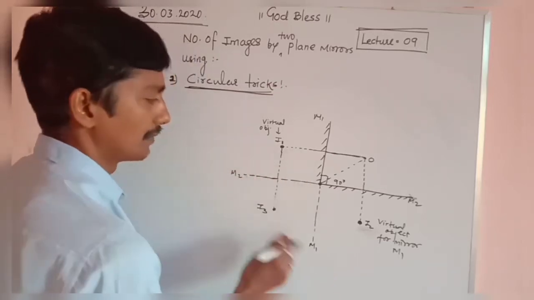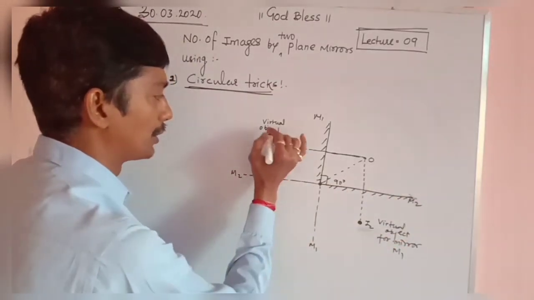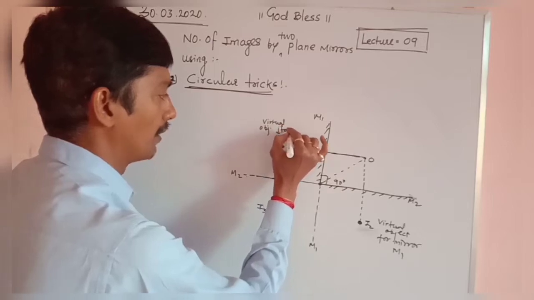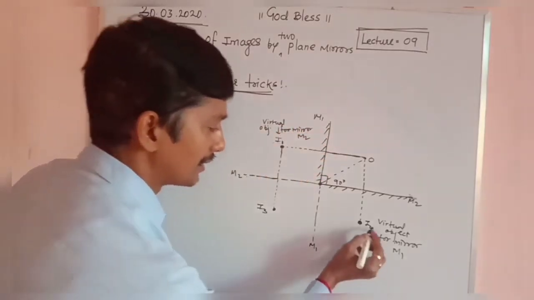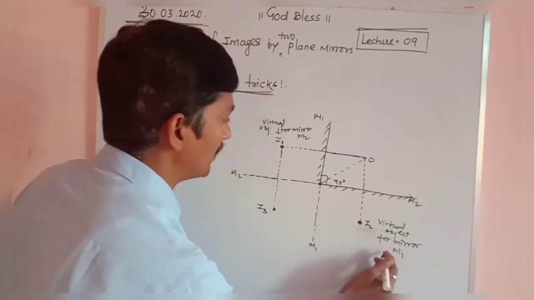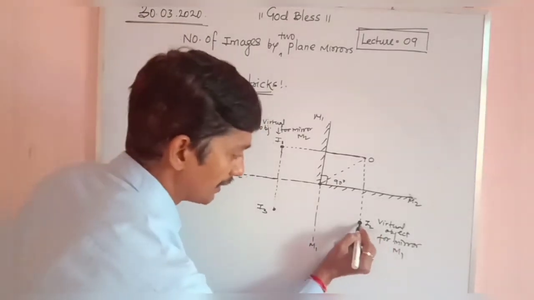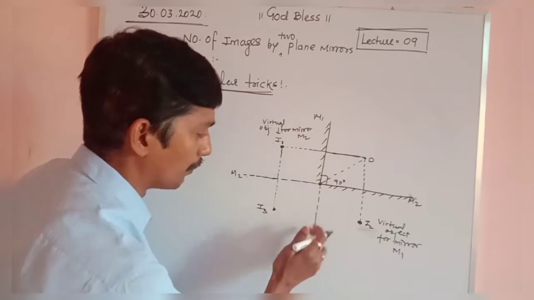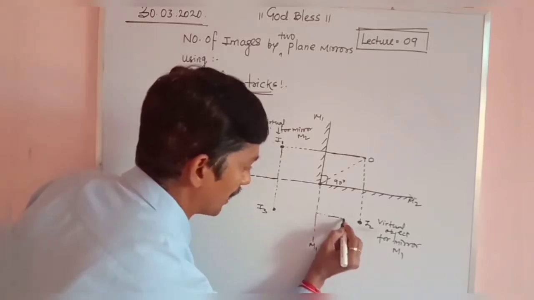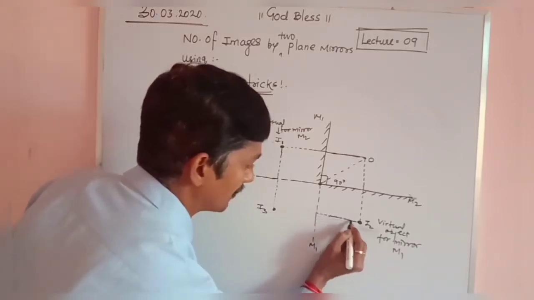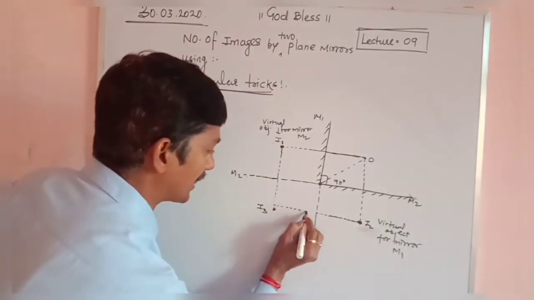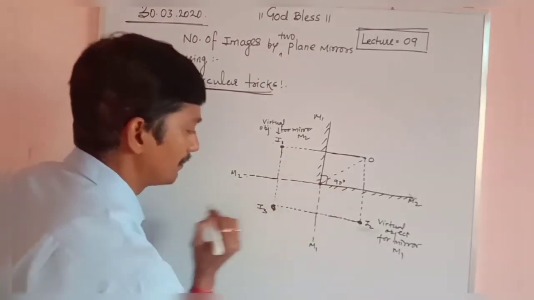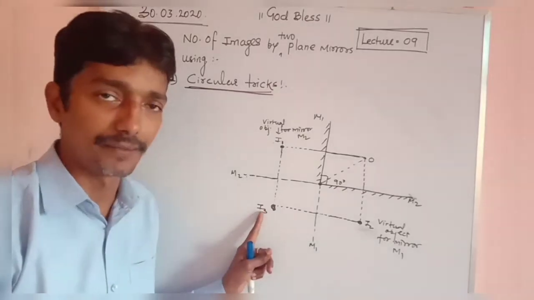So for M2, I1 was the virtual object, and this is the virtual object for mirror M1. It is at this much distance from mirror M1, so it will form the image at equal distance inside mirror M1 at this point, and we get the image I3.